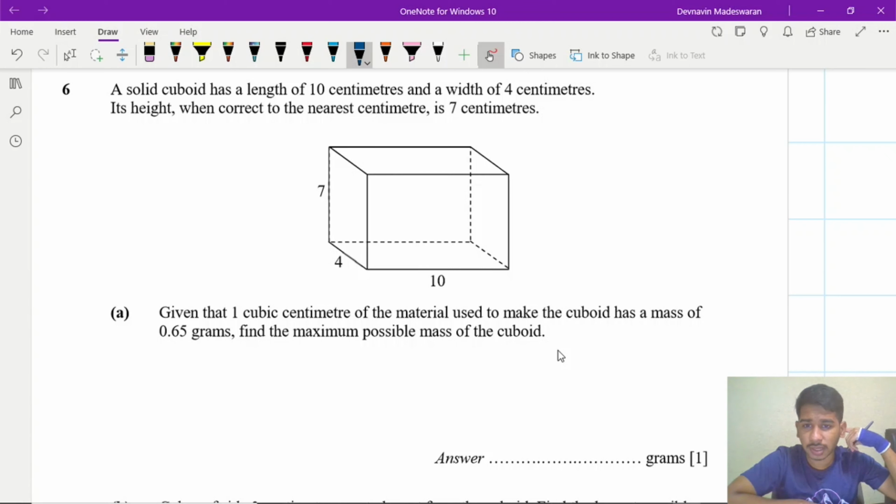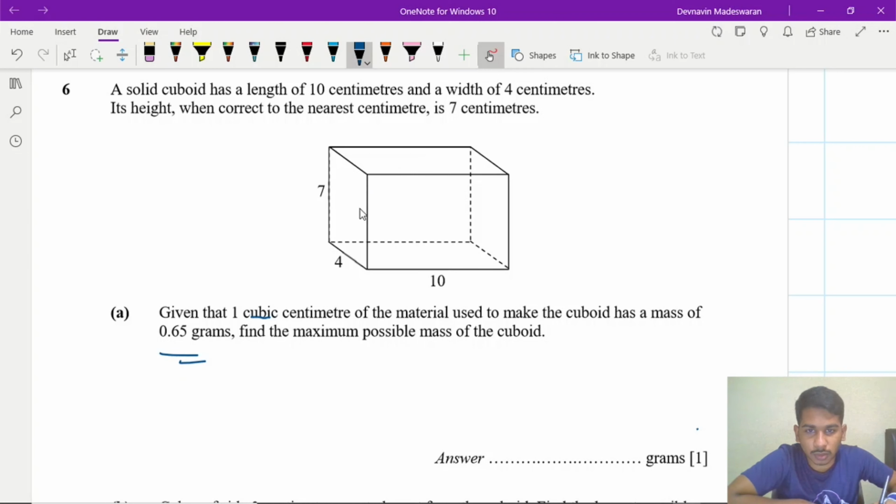A solid cuboid is 10 cm. Okay, it has its dimensions. Given that 1 cm cubed of the material is used. Okay, just one mark, so I don't need to overthink it. I think we're just supposed to multiply this by the volume.